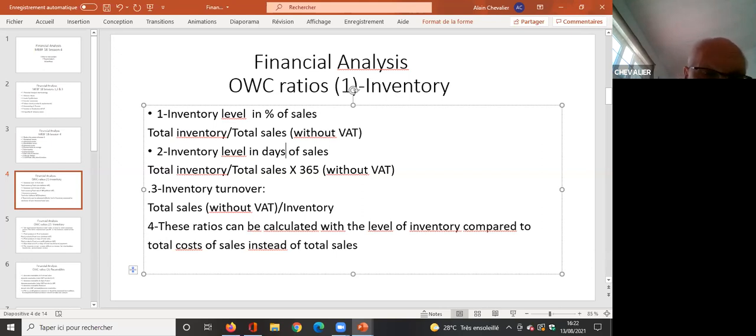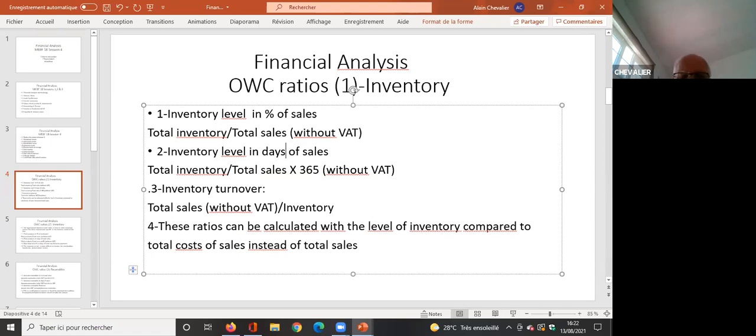So both are used, even if today, I think, in North America and Canada, for example, we use more inventory level in percentage of sales than in percentage of cost of sales.